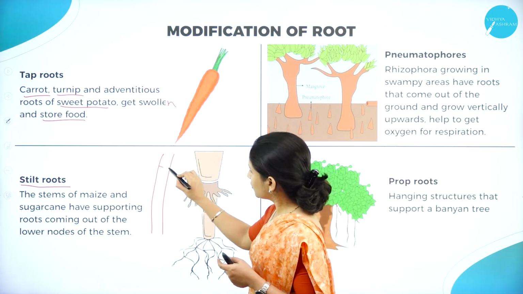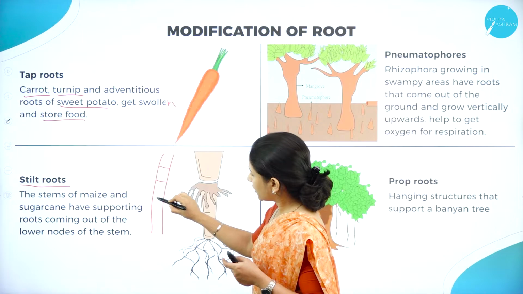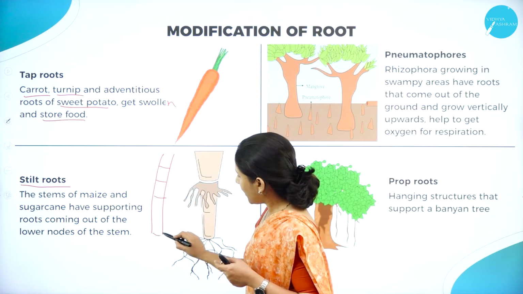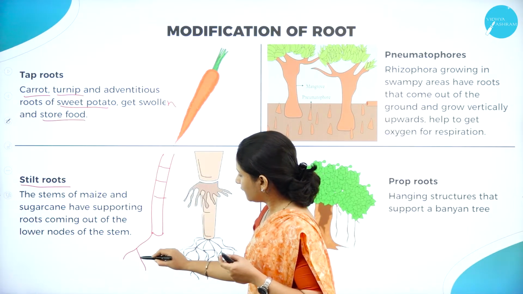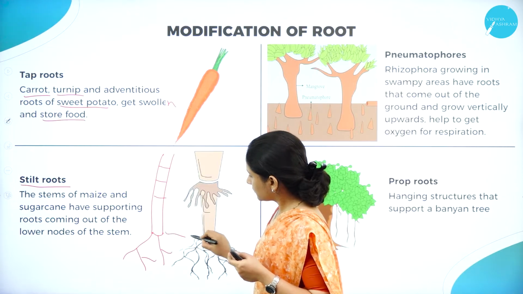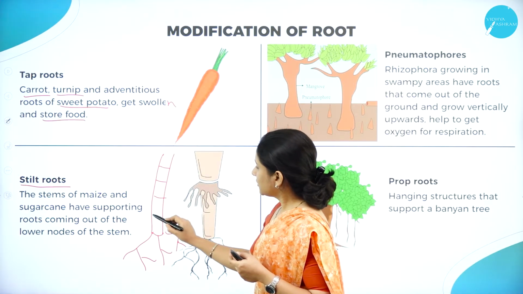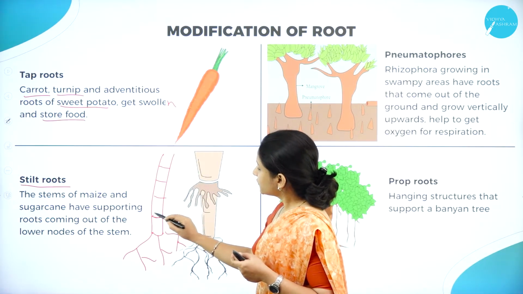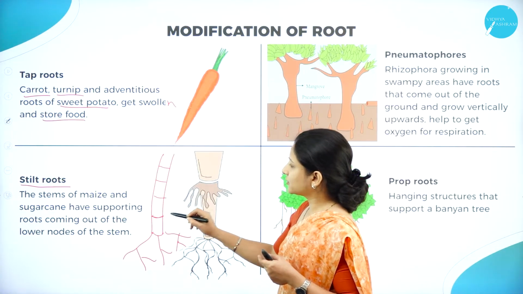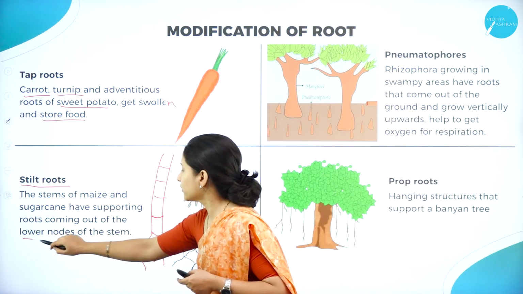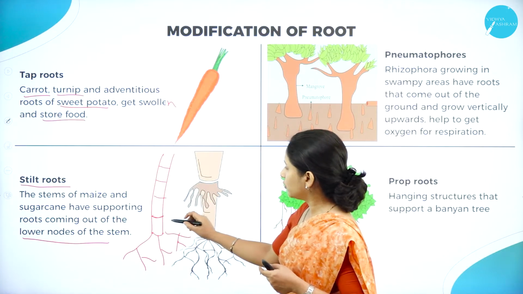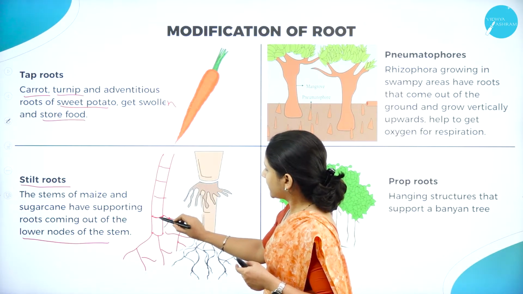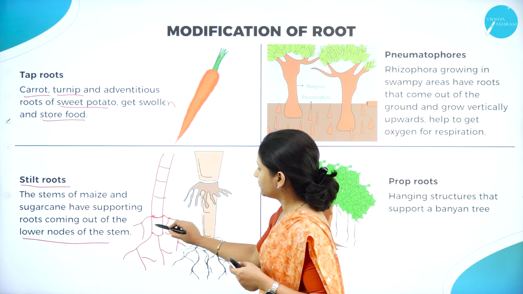These are the nodes that are present in the sugarcane. And this is the last node, the lower node, from which the extra root-like structures will arise.